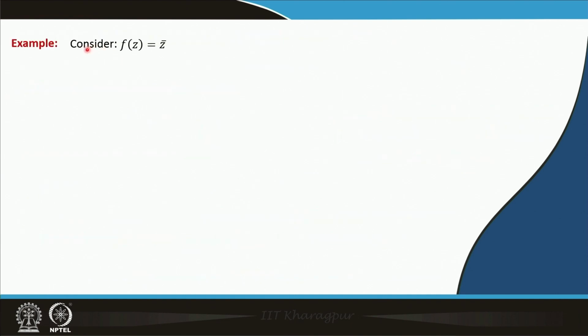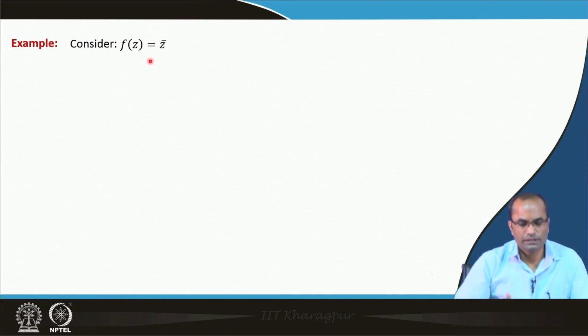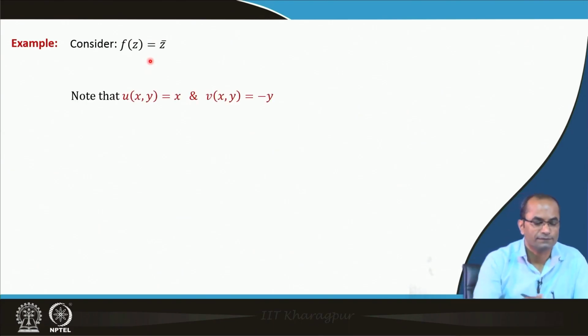Here, if we consider f(z) equal to z conjugate, this is the function here, and we will see with the help of the CR equations what we can conclude about its differentiability or analyticity.